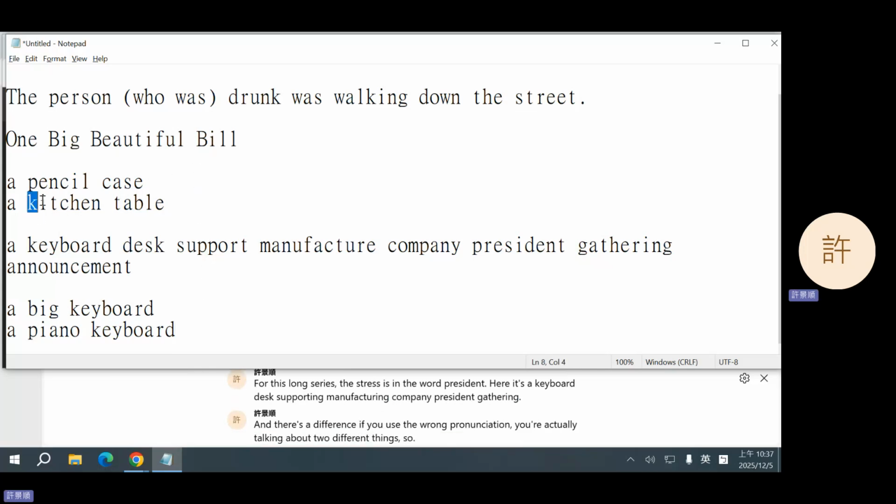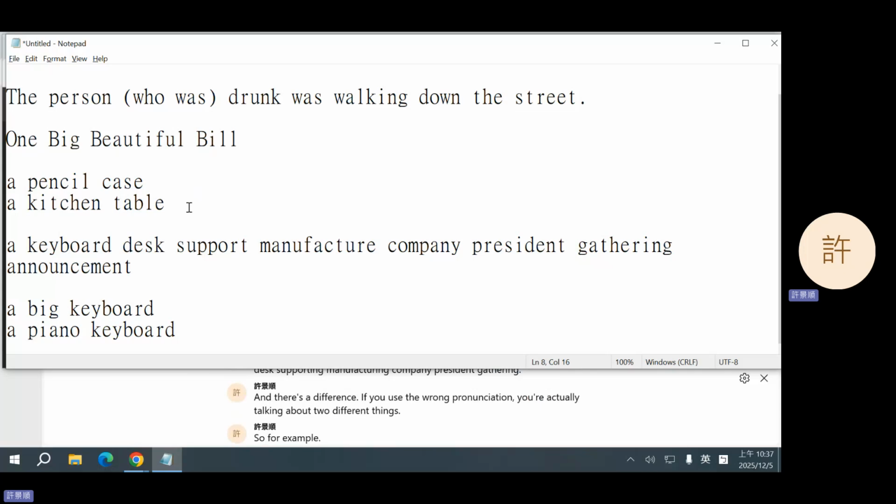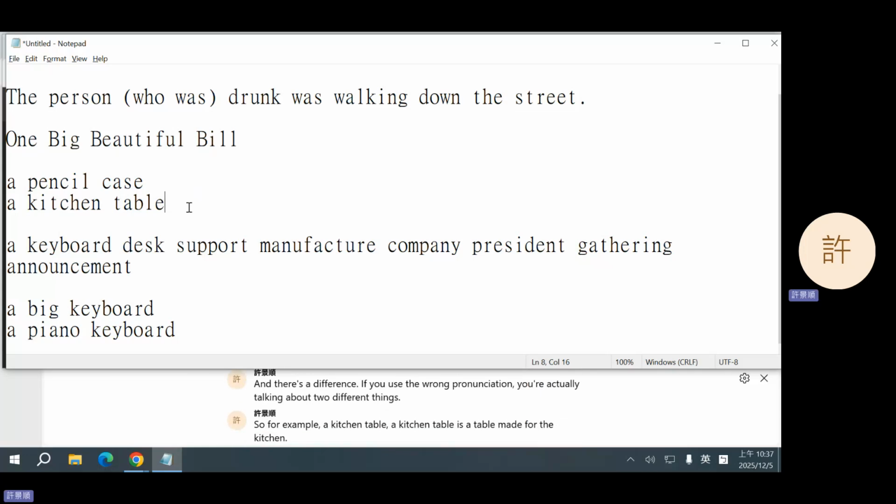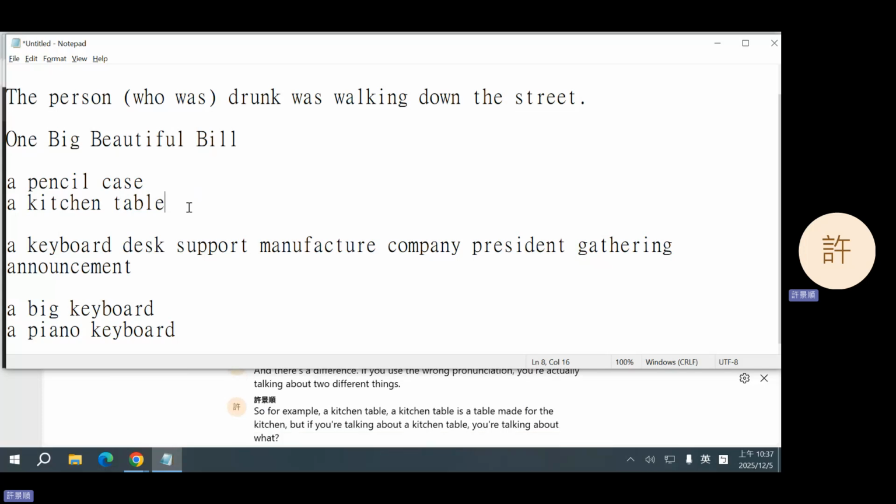So, for example, a kitchen table is a table made for the kitchen. But if you're talking about a kitchen table, you're talking about whatever table is located in the kitchen.